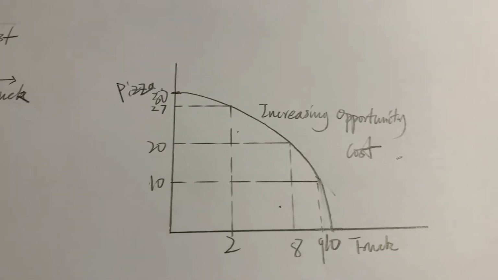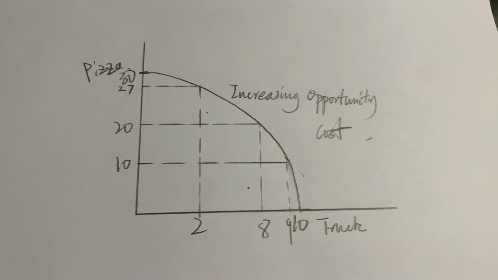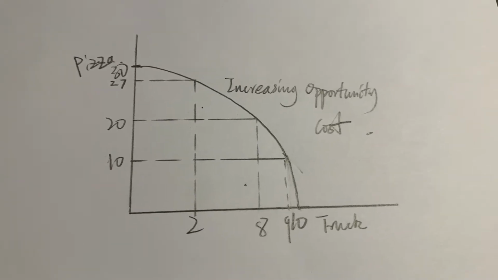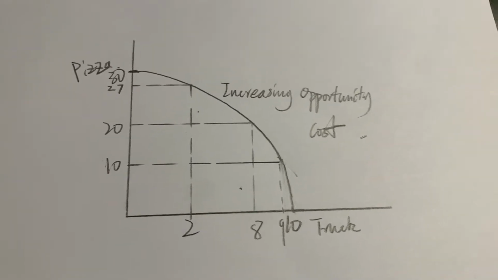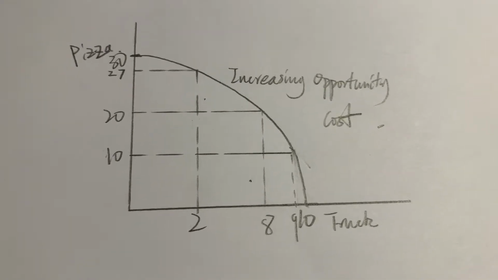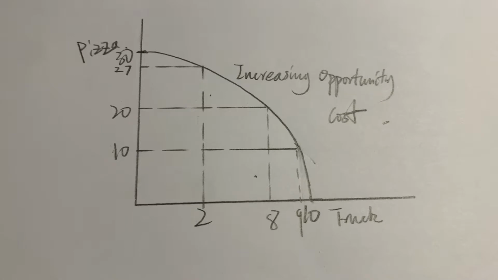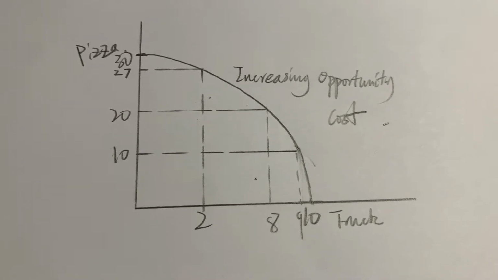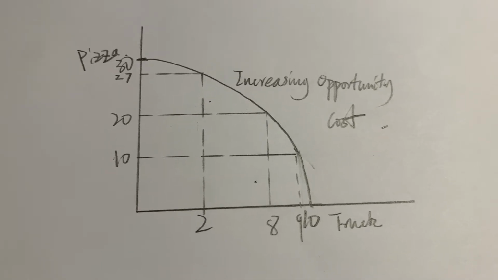For this graph, at the beginning, the opportunity cost for each truck is low, like 3 pizzas for 2 trucks. But at the end, for each truck, the pizza cost goes to an extremely huge number.